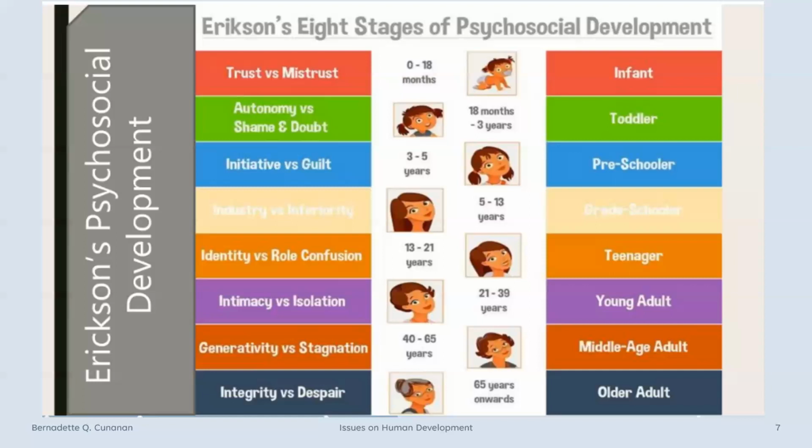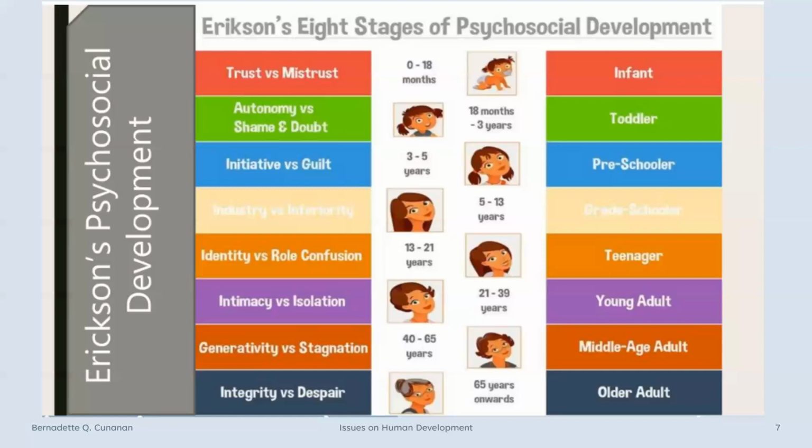Children who learn to trust caregivers in infancy will be more likely to form trusting relationships with others throughout the course of their lives. Now, the first stage is important, no? So, imagine, these stages of psychosocial development are important for us to understand our learners. So, that's why we have to necessarily discuss each stage.